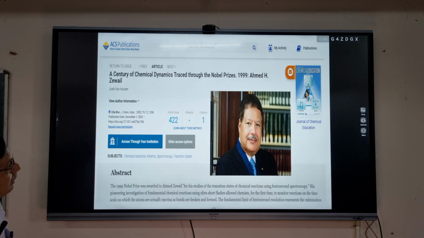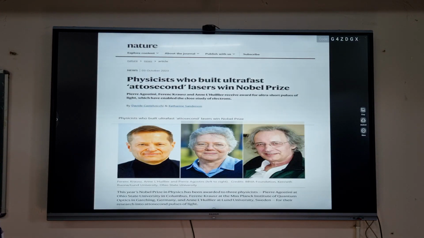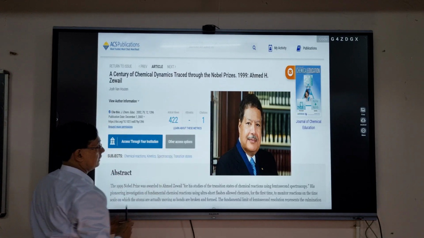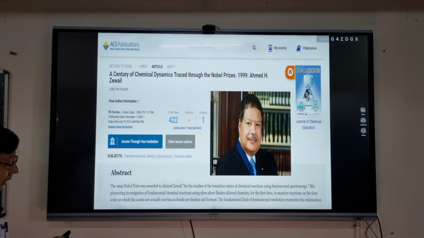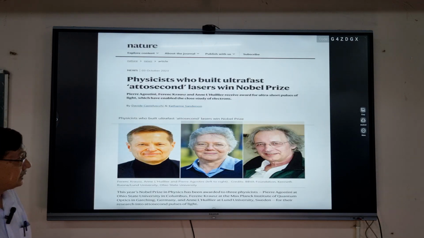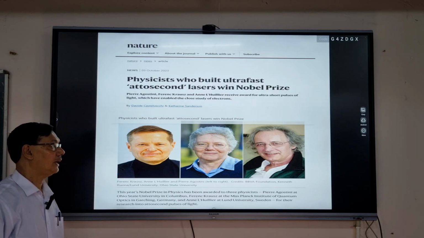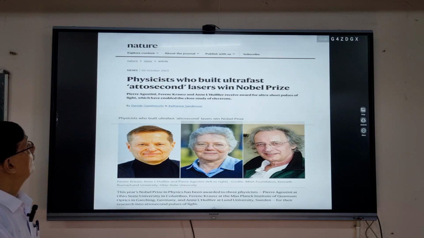Now the last example of fast reactions is a very recent article, October 2023, because while studying fast reactions you must know that femtosecond is now old. Now it is attosecond spectroscopy.